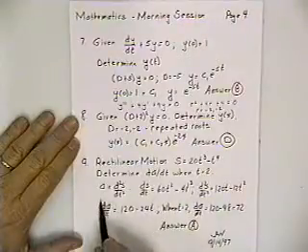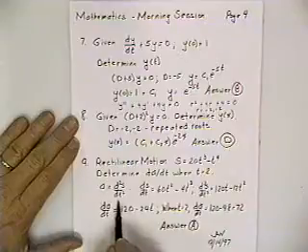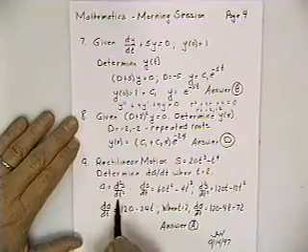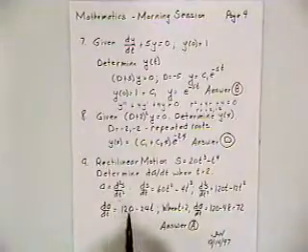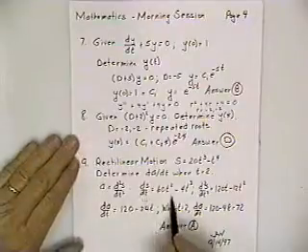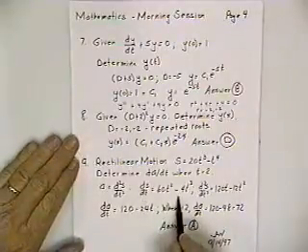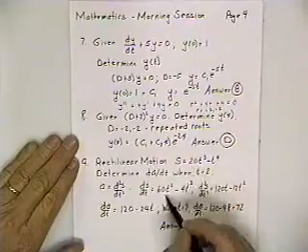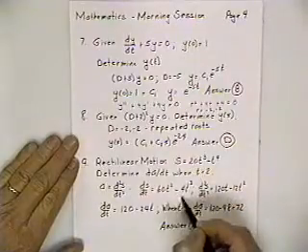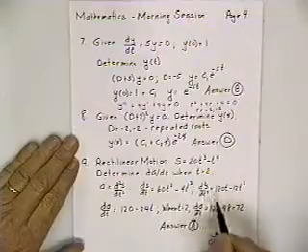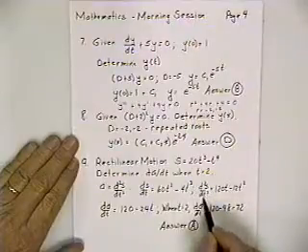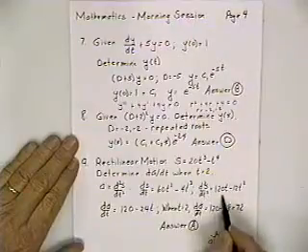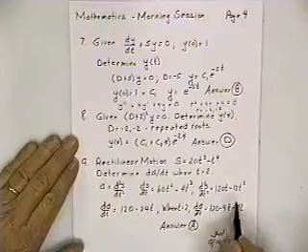Acceleration itself is the second derivative. So we have to differentiate once to get ds dt, and that's 60 times t squared minus 4t cubed. The second derivative is 120t minus t cubed.